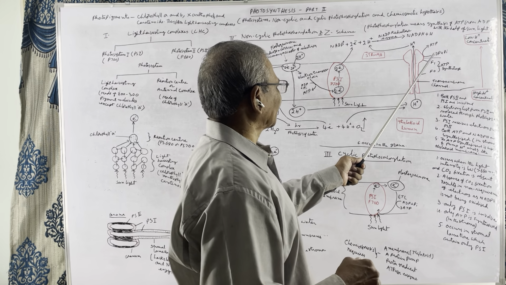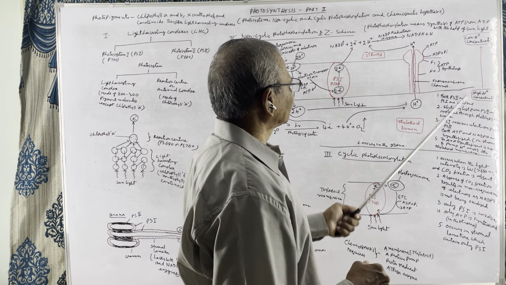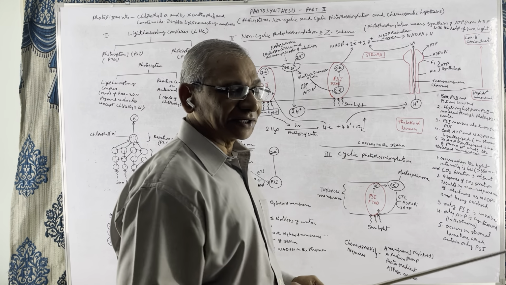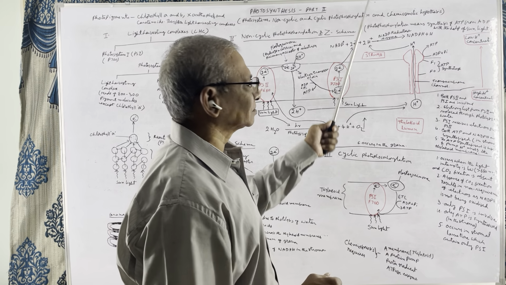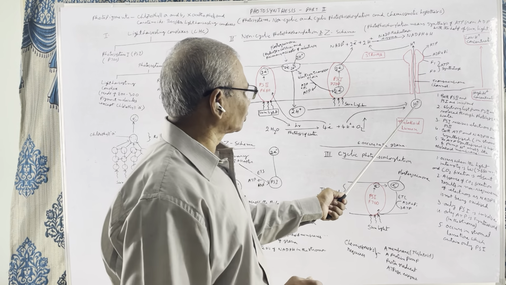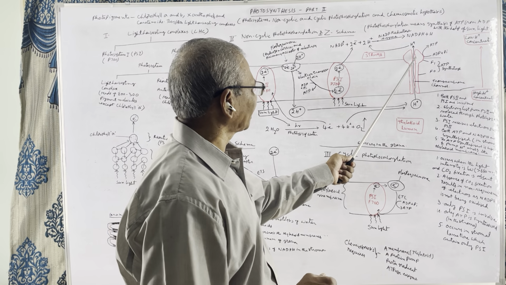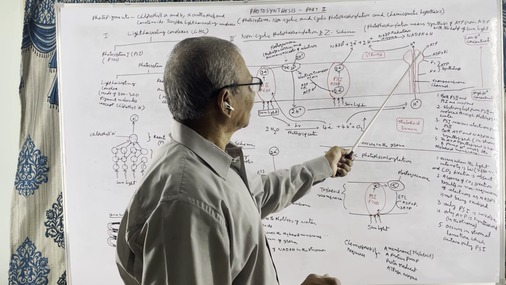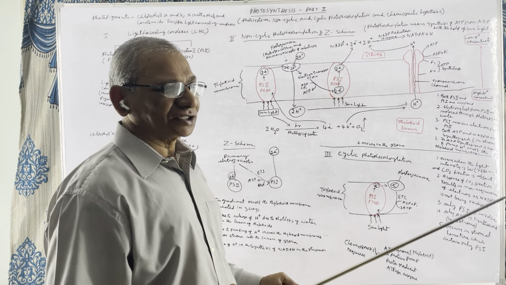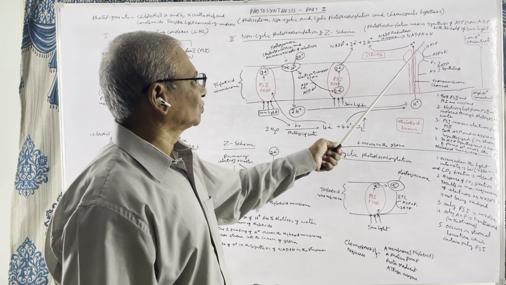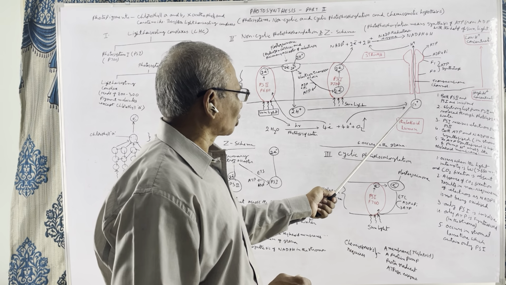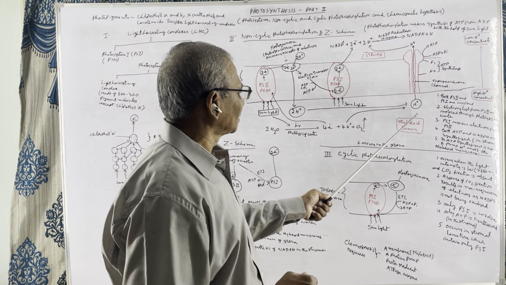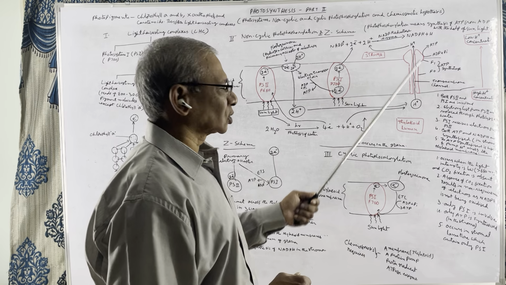This ATP synthetase enzyme converts ADP into ATP when the hydrogen ions pass through it. So when the hydrogen ions or protons reach this point, energy is released and that energy is converted into ATP. In this way, ATP is synthesized as the protons or hydrogen ions move from the thylakoid lumen into the stromal cavity.